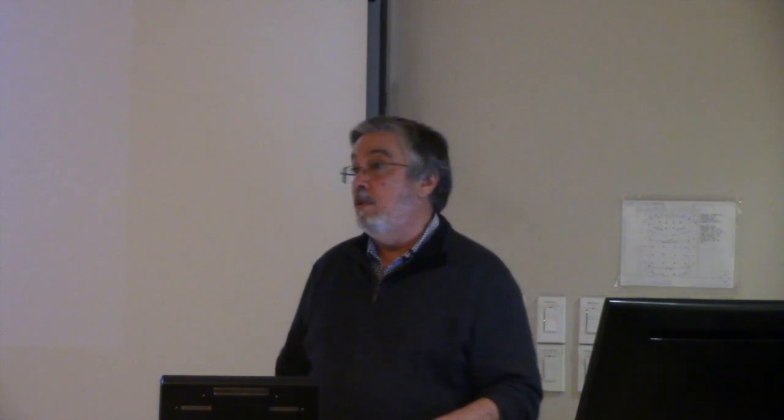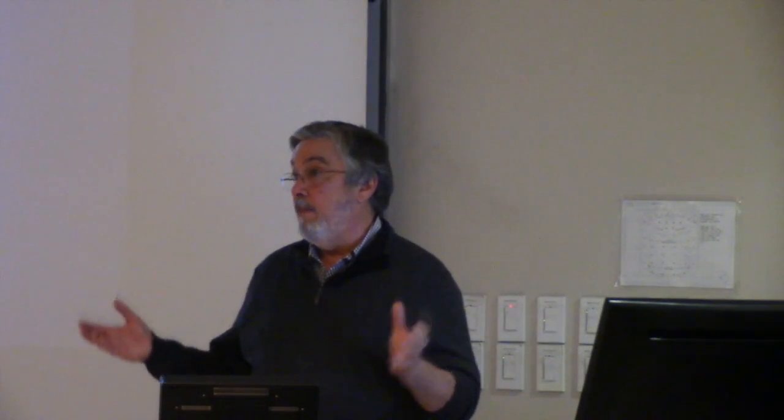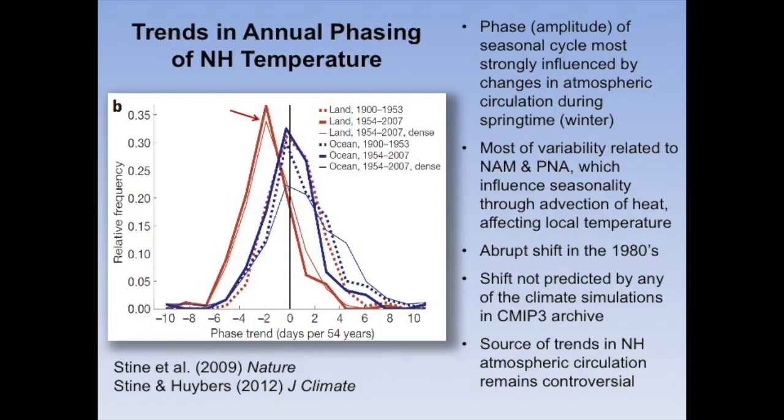And so they took all of this daily temperature from both the ocean and land, and just focus on land now, which are the red dotted curves and the red solid lines. So you're looking at the dotted line is 1900 to 1953, and the solid lines are 1954 to 2007.